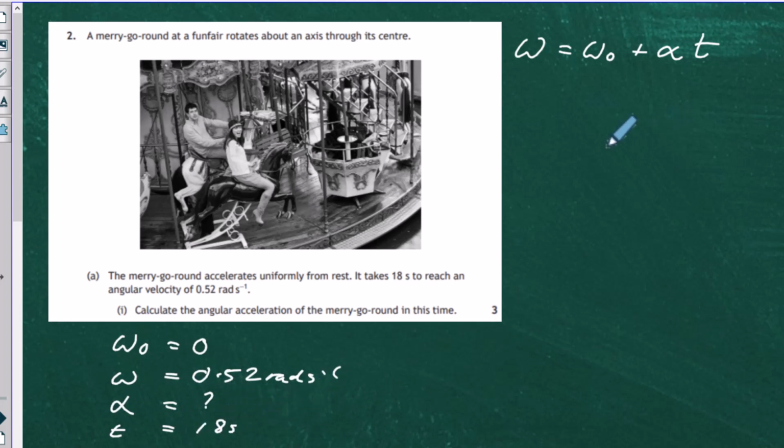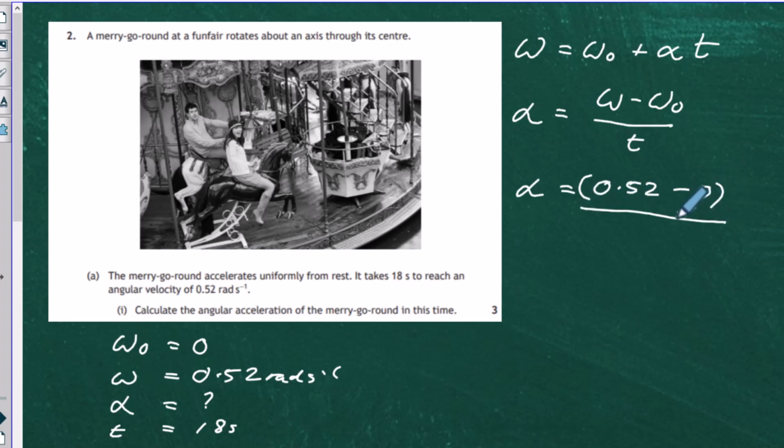So all we have to do is rearrange this to get alpha. A quick rearrangement gives angular acceleration alpha equals omega minus omega naught divided by t. Therefore alpha equals the final angular velocity, 0.52, take away 0, in a bracket, divided by t, which is 18 seconds.